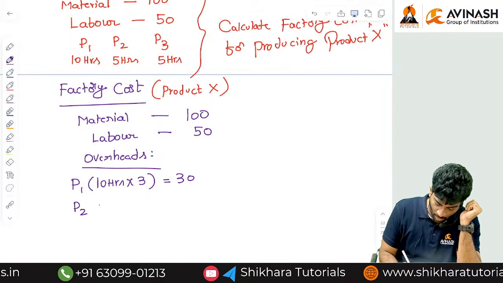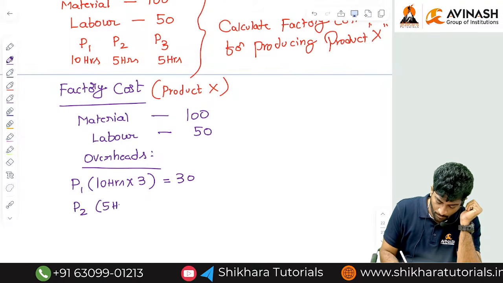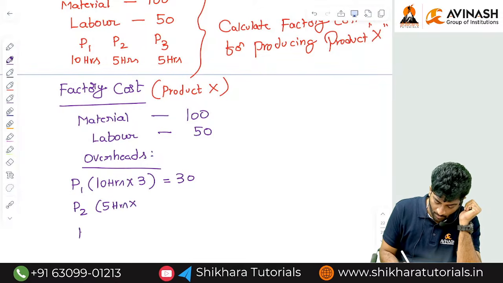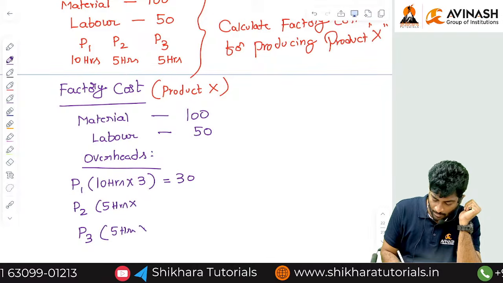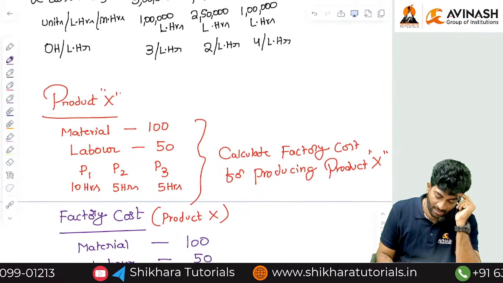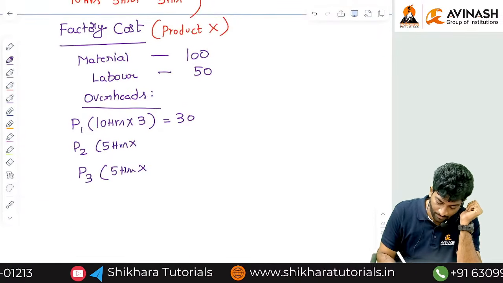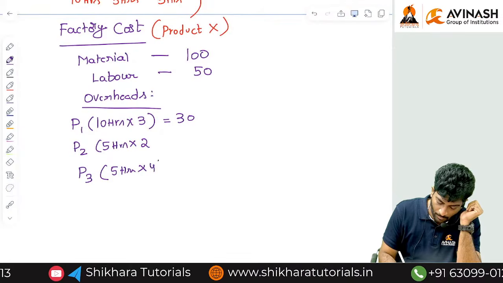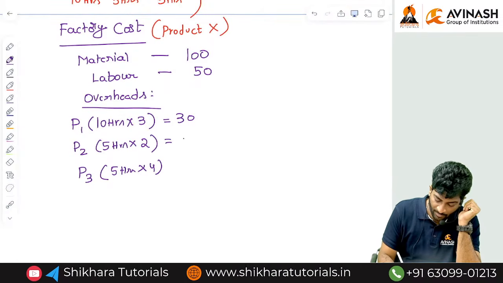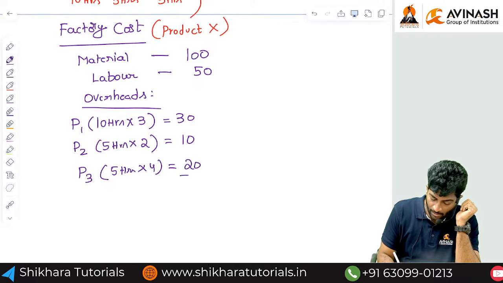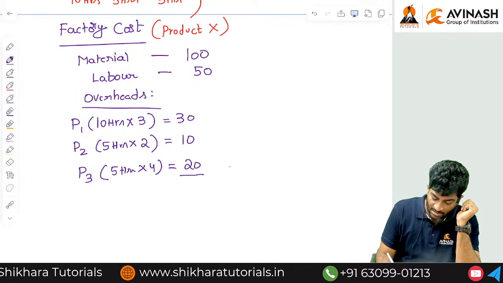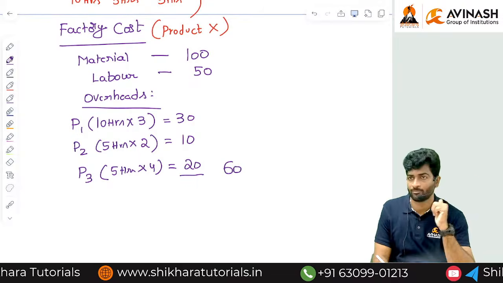P2, how many hours? P3 is also 5 hours, right? Into the rates, 2 rupees and 4 rupees. 10, 20. Put together, 60 is the overhead cost.